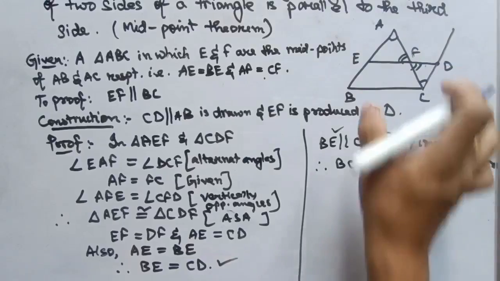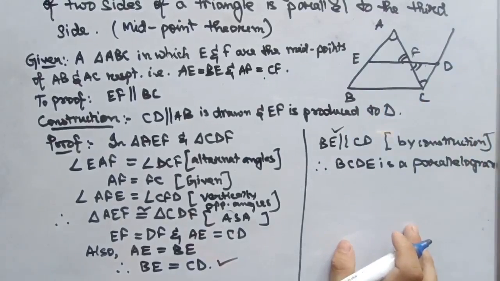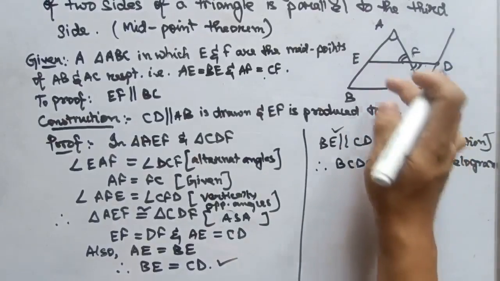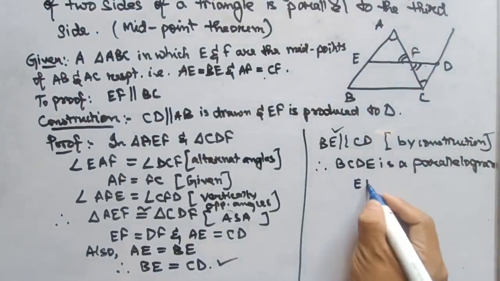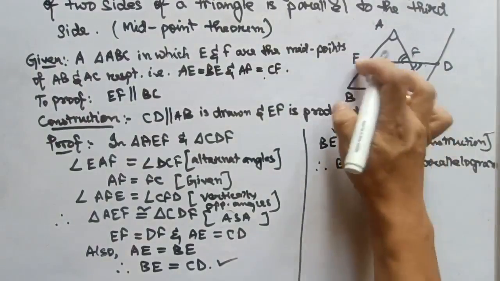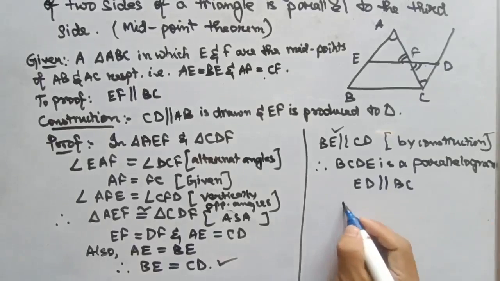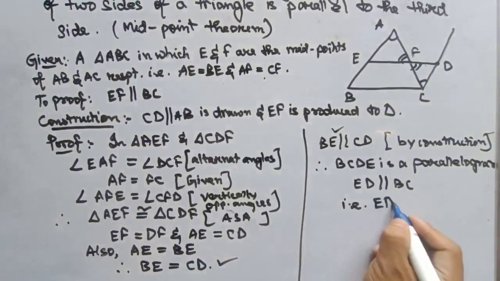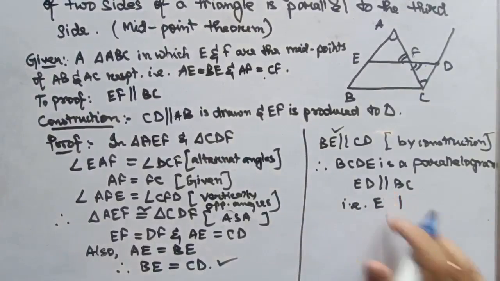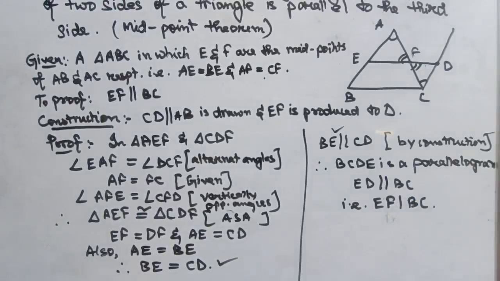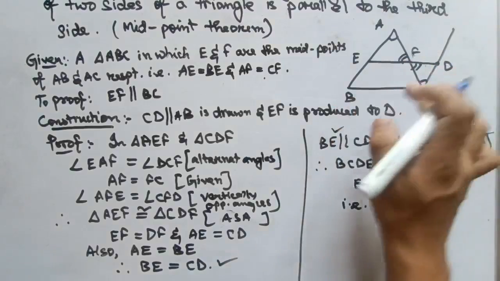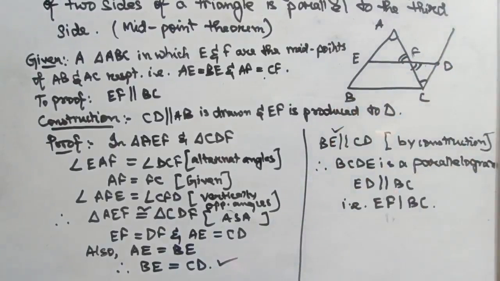Now, since this quadrilateral BCDE is a parallelogram, we can derive that ED is parallel to BC. That is, EF is parallel to BC.